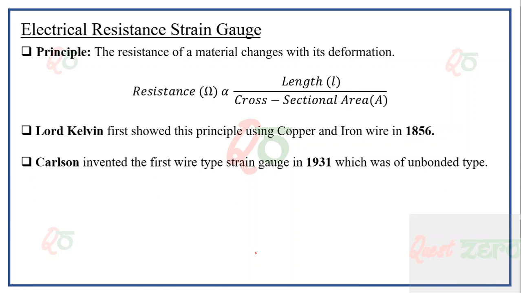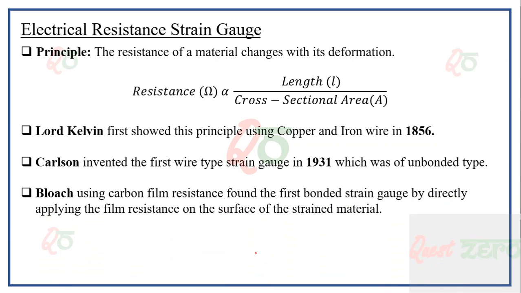But the real development of strain gauges was only done in 1931, by Carlson. He invented the first wire type of strain gauges, and these are of unbonded type. What are these unbonded type, bonded type, we'll discuss later. But remember that Carlson developed only unbonded type of strain gauges, and that too wire type.